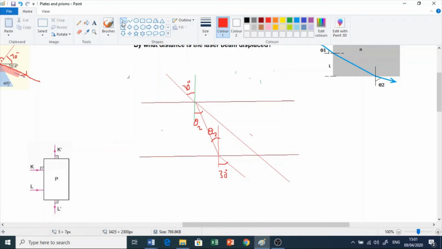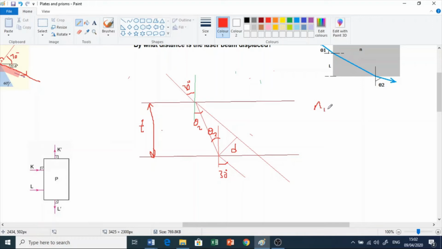The amount of deflection will be equal to the length of this line, and it is perpendicular to this one, and also perpendicular to these parallel light rays. Let's call this one D, and the thickness of the sheet is given as T, equal to 1 centimeter. So first we need to calculate theta 2, and then we are going to use it in our calculations.